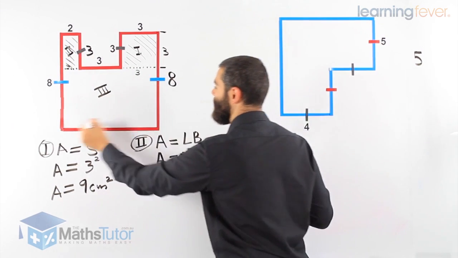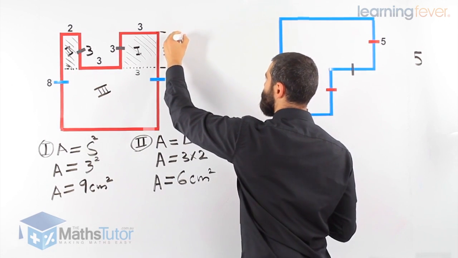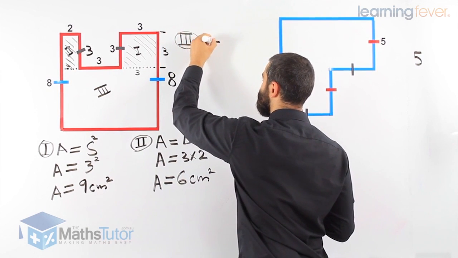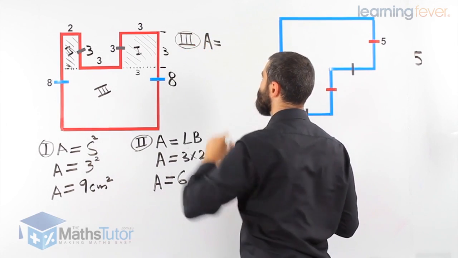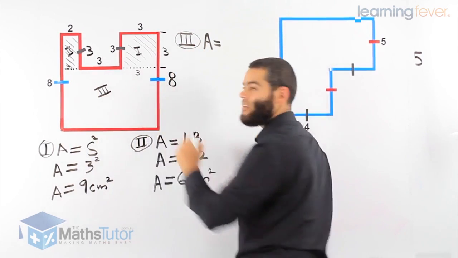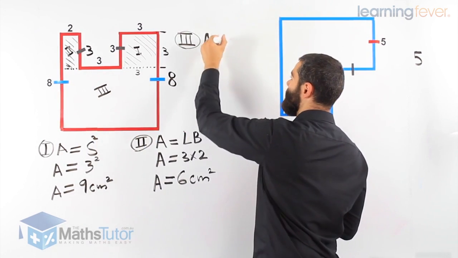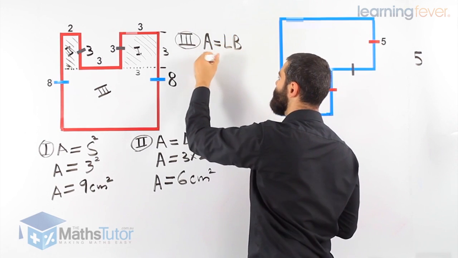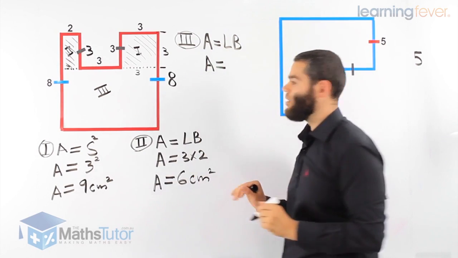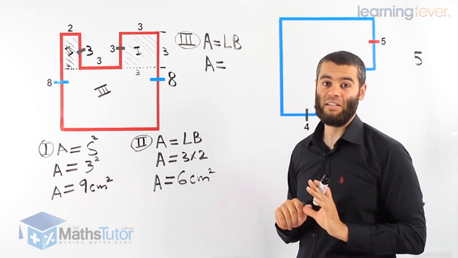Now we're left with area 3. We can do area 3 over here. Area 3 again, what kind of shape is this? It's a rectangle. So here we have a rectangle, length times breadth. What is the length? Well, this is where we're going to do some detective work.